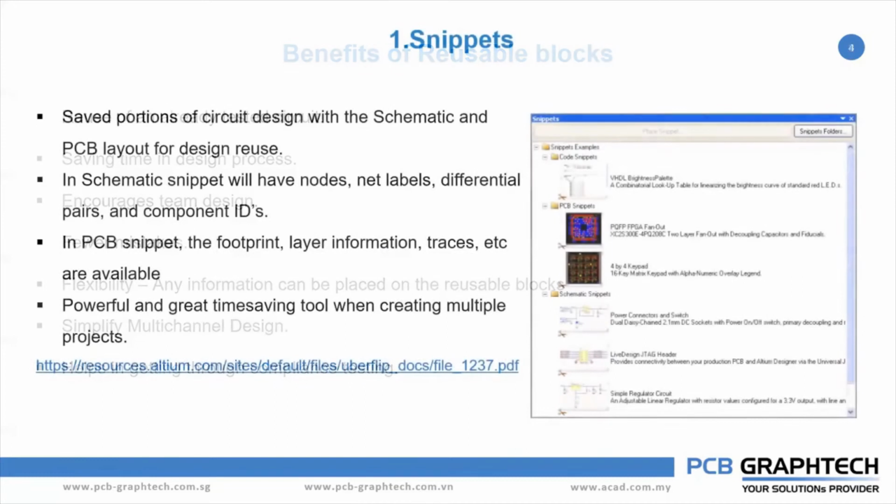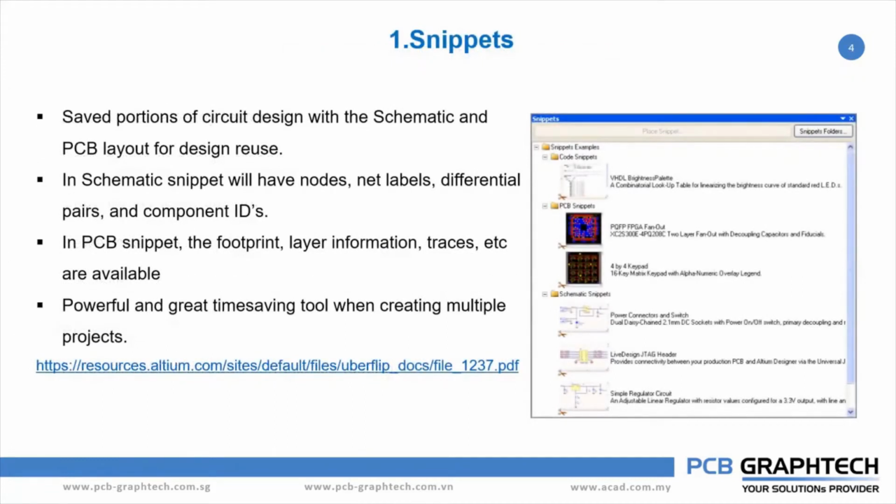Now we will see about snippets. Snippets are used as a central location to save a portion of your circuit design, both schematic and PCB. When you save a schematic snippet, it saves the nodes, the net labels, the differential pairs, and the component IDs of the components.